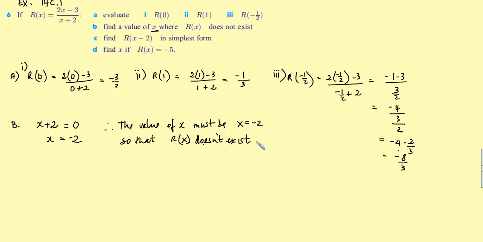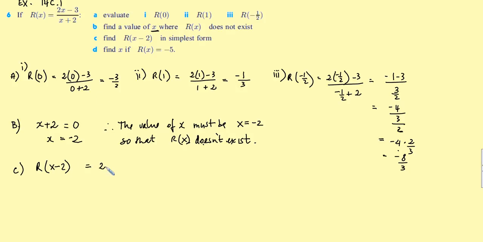Okay. All right. Part C says, find r at x minus 2, and place that in simplest form. What that is basically telling us is that wherever there's an x, we're going to replace it with x minus 2.